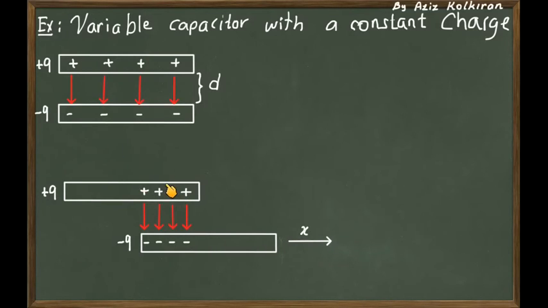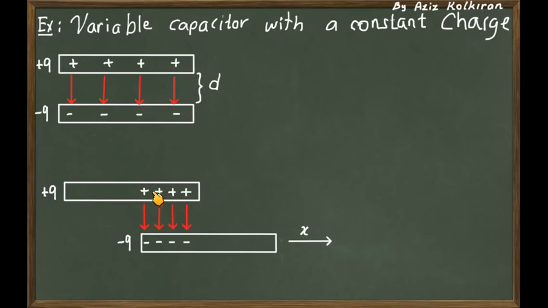Of course, when we slide one of the plates in the horizontal direction, there is no change in the charges because there is no contact. Then the total charge will remain the same. But as I said, these pair charges will try to keep their interaction so that they will collect on both the upper plate and the lower plate.